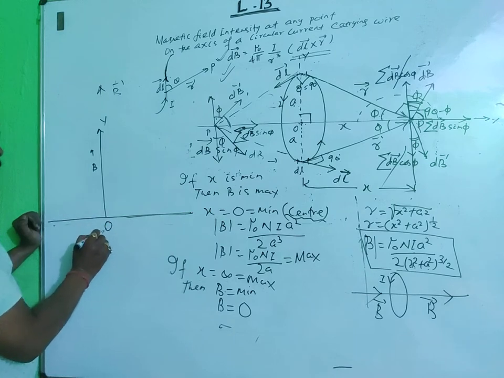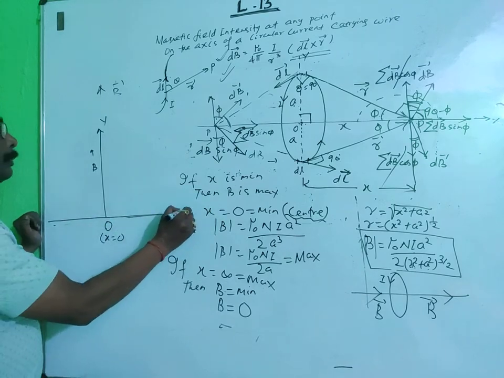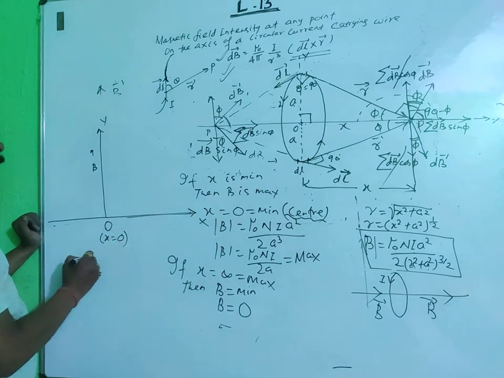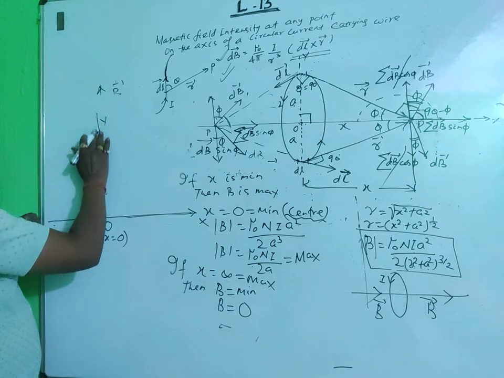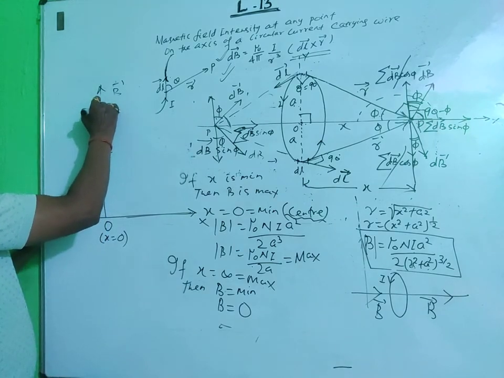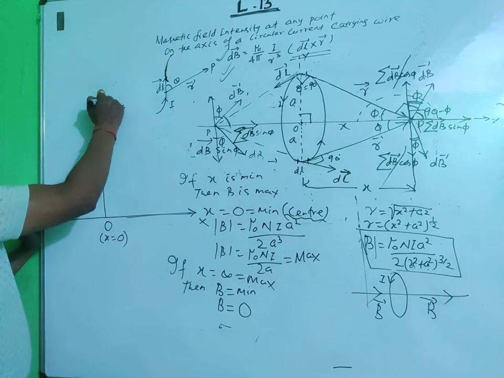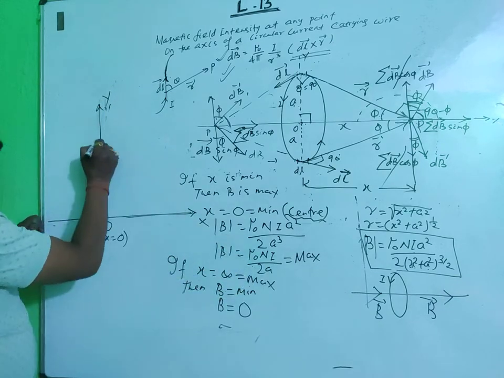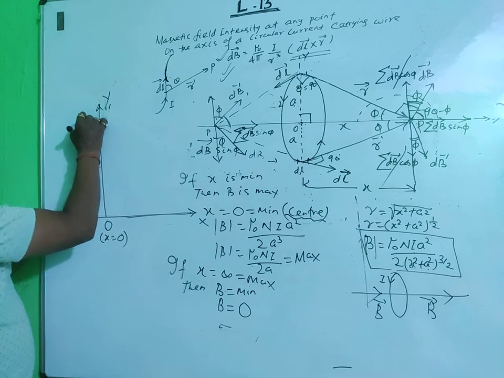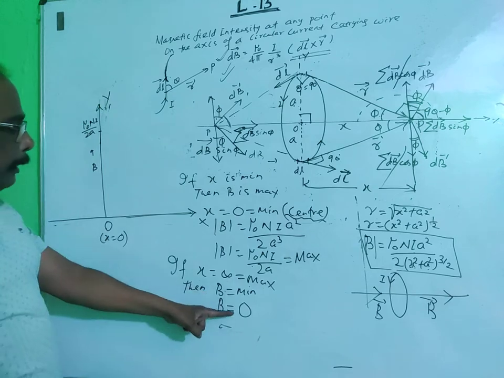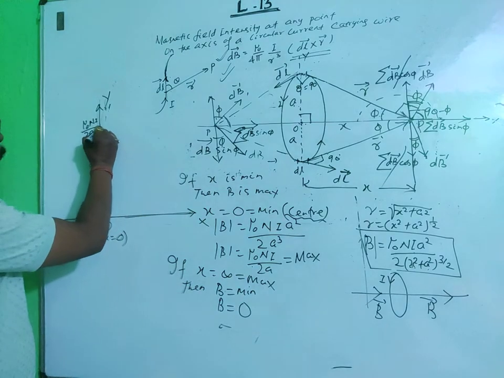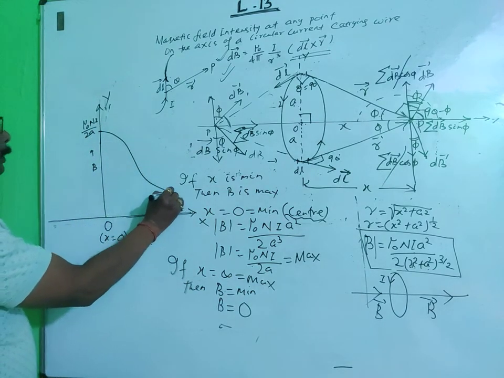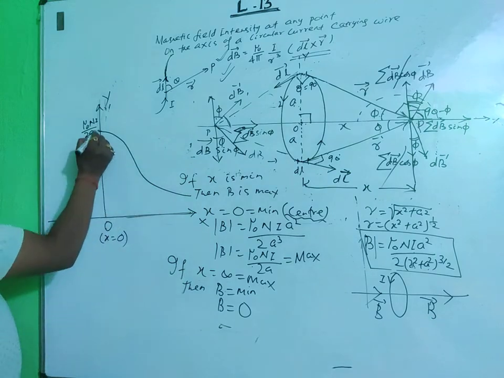This is the center, meaning x is 0, and this is along the x-axis. At the center the magnetic field is mu naught n I by 2a. And the magnetic field is 0 at infinity, meaning as distance increases, the magnetic field goes on decreasing and becomes 0 at infinity on either side.